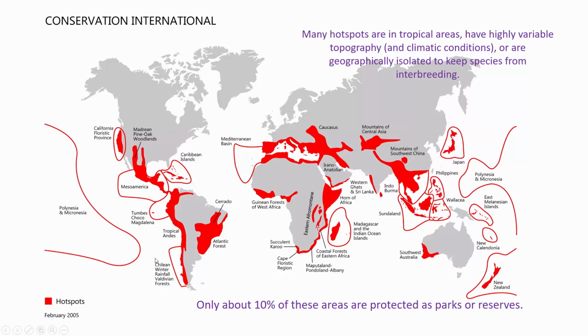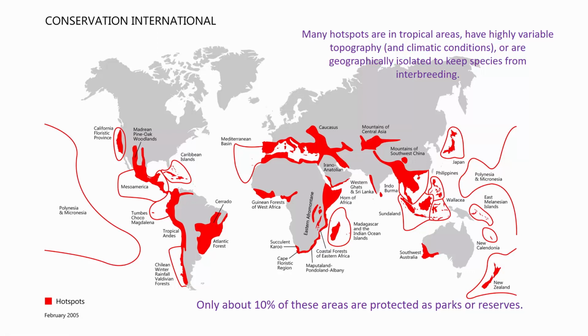So for example, the Chilean winter rainfall Valdivian forests are in a more temperate climate. The Atlantic forest is in a temperate climate. And the California floristic province, most of this is temperate, and actually I think all of it's temperate. You can also see New Zealand is a hotspot, and it's a more temperate climate.